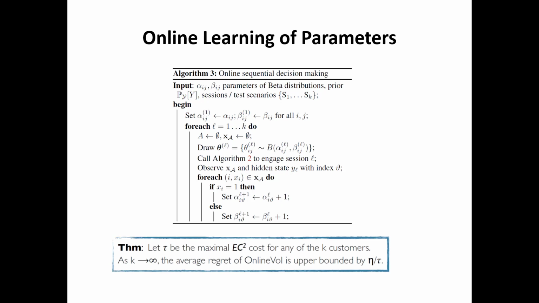And K is the number of customers. Then as K goes to infinity, when K is large enough, we show that the average regret of this online learning paradigm with EC2 is upper bounded by eta over tau. If you remember, eta is related to the coverage of different decision regions when we apply this dynamic hypothesis sampling. So at each step we aim to cover up to 1 minus eta of total mass.